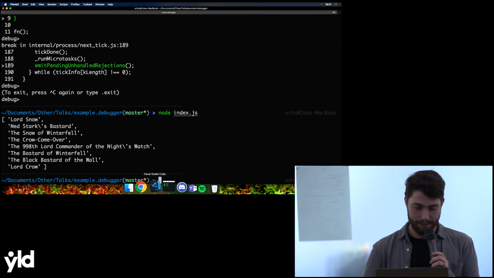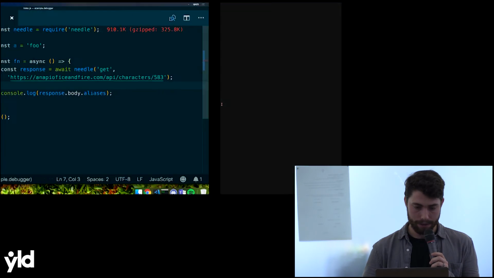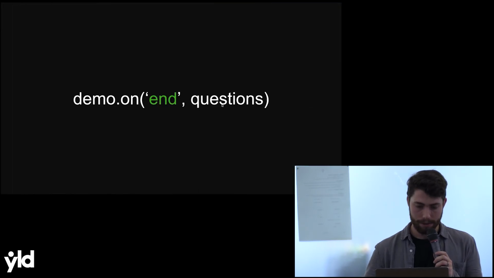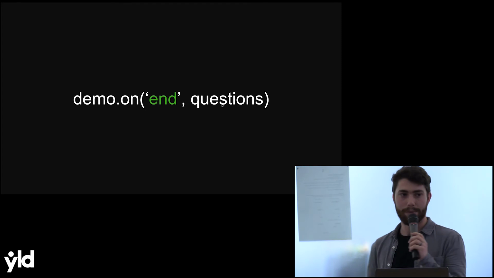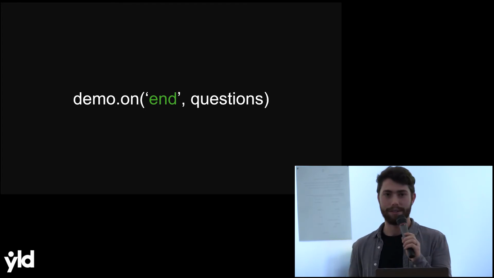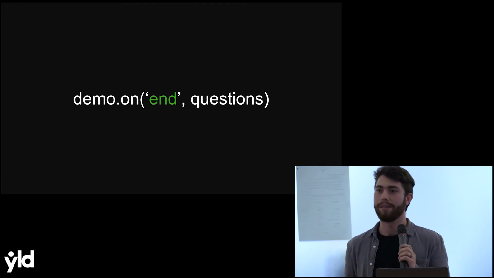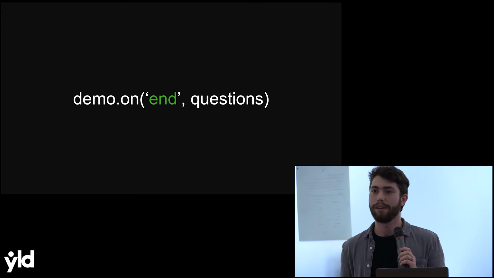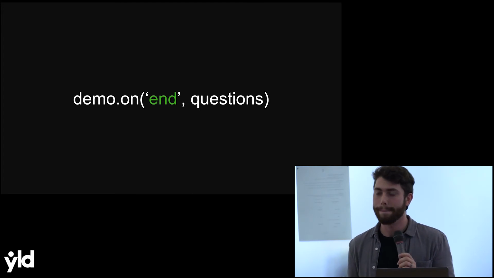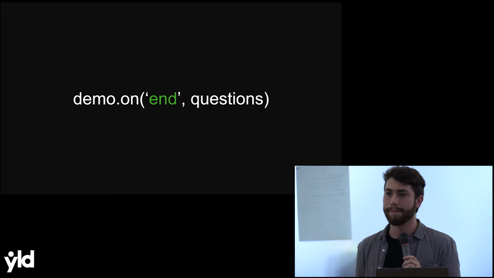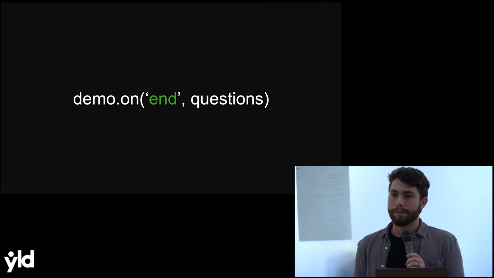Does anyone have any questions about the debugger? Yeah. I think you can connect the Chrome debugger to whatever process is running, and then there's the interactive debugger. Is there anything the command line version can do that the Chrome interface doesn't allow you to do?